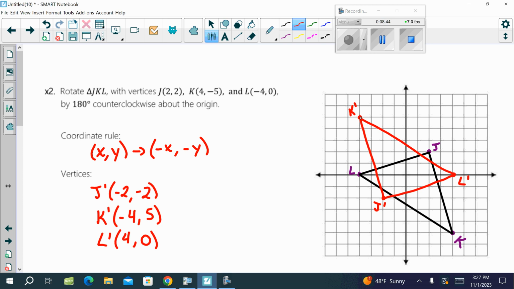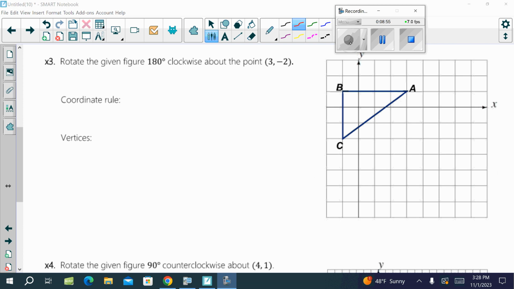Okay, I'm going to pause real quick, grab at least one piece of patty paper, and that way you can verify and help out on the next part. All right, so the patty paper definitely helps a lot whenever you do not rotate around the origin. Okay, the origin's really easy with the rule.